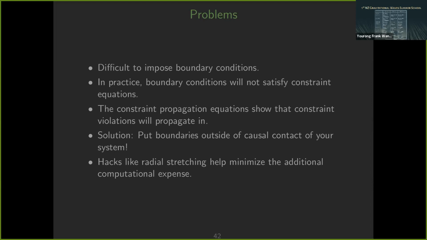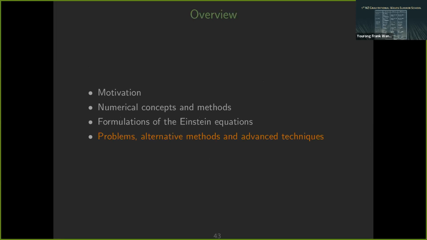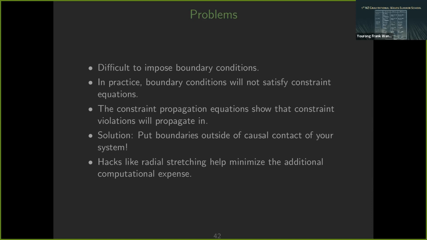But, and I'll talk about this a little bit later, there are different formulations that may be better to extract gravitational waves, because gravitational waves are only defined unambiguously on a surface called null infinity, which you may have heard of.